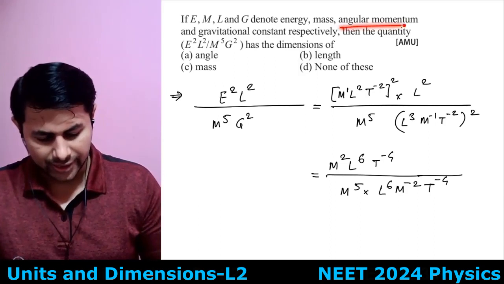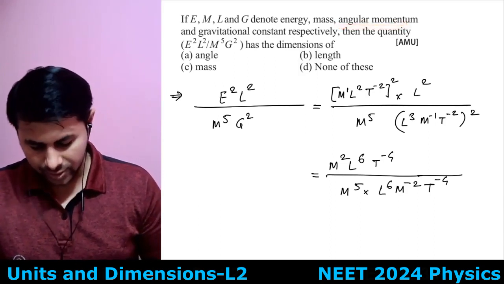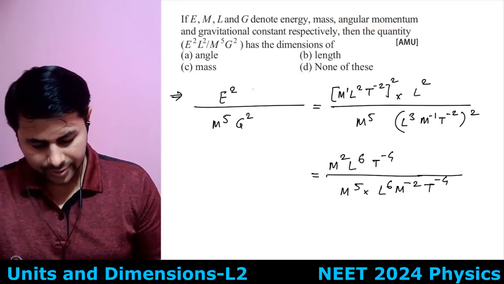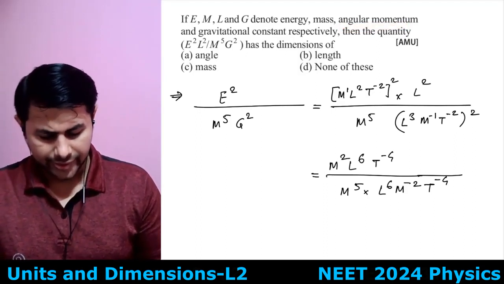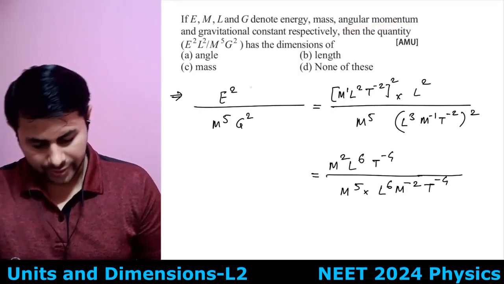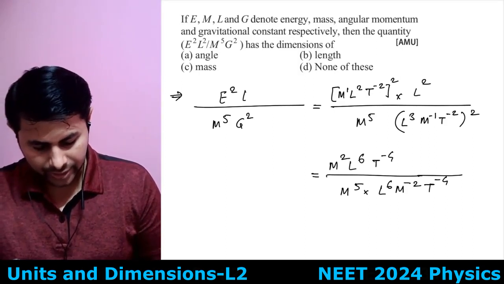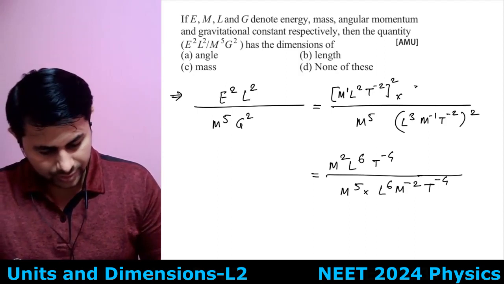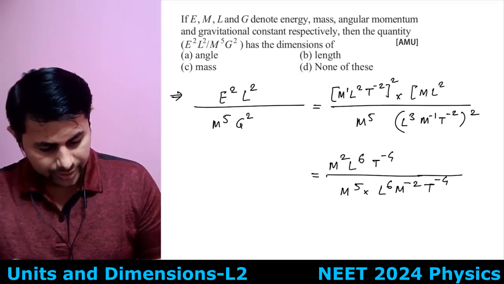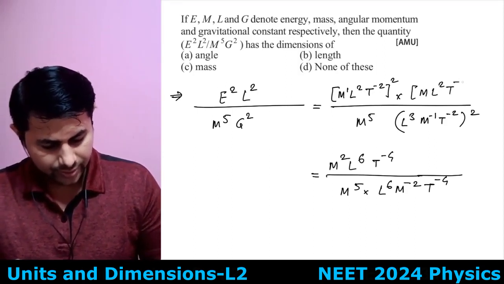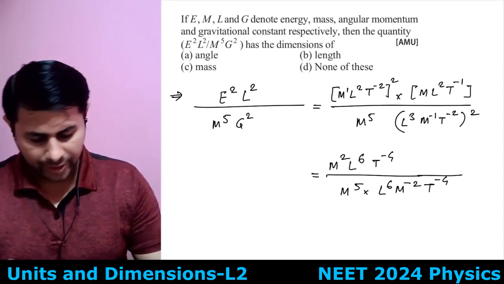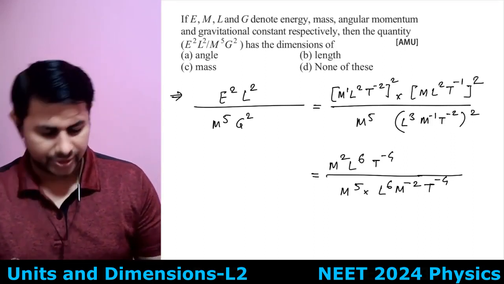So I thought it is length. Yes, sir. Okay, so angular momentum is mvr, M L square t power minus 1. The Planck's constant and angular momentum have the same dimensions. Oh, I made a mistake. Sorry.